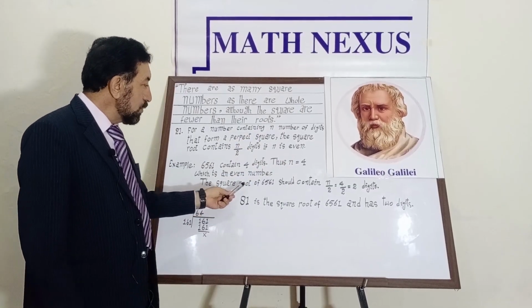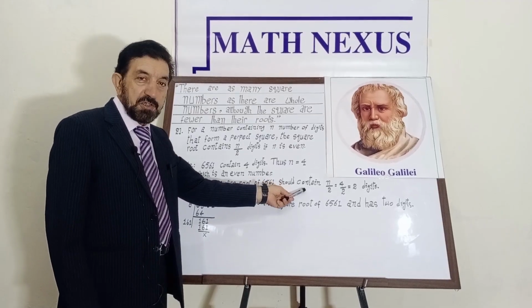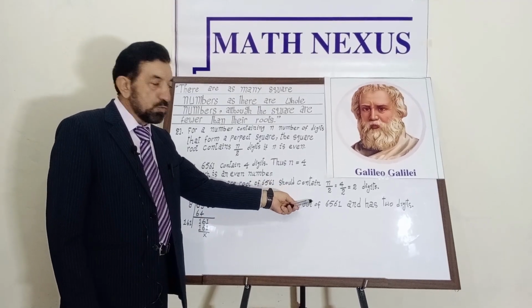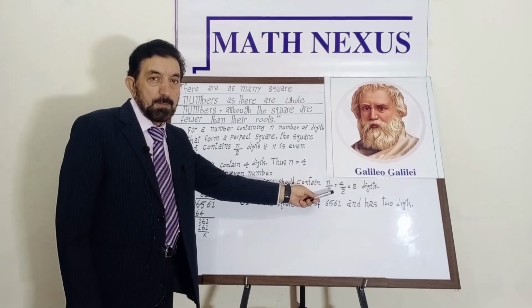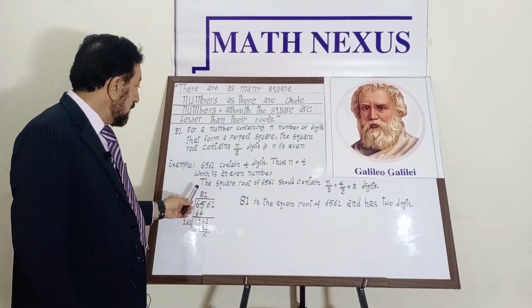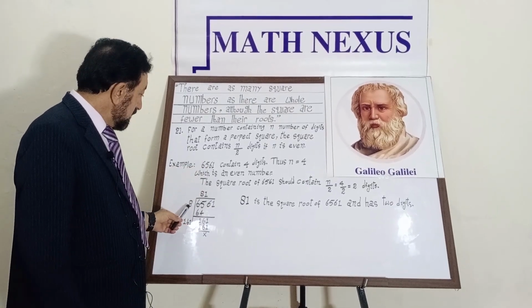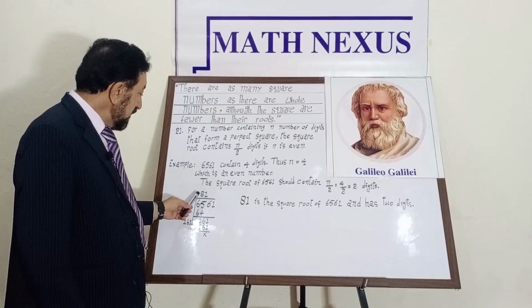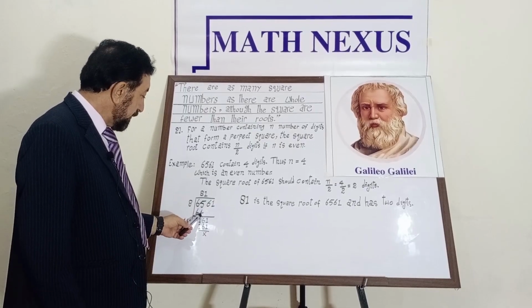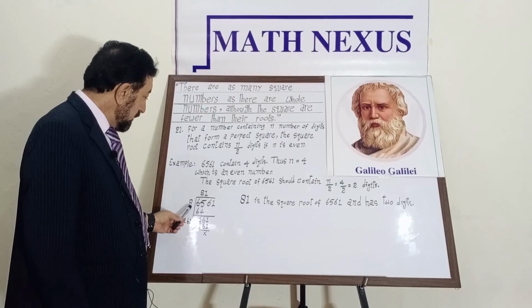The square root of 6561 should contain n upon 2, equal to 4 upon 2, equal to 2 digits. Now 6561 divided by 8: 8 8s are 64, 5 minus 4 is 1, 61.